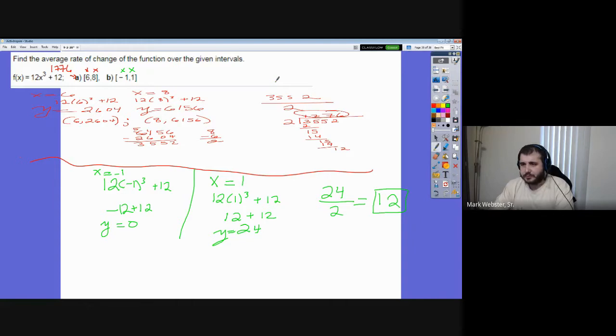And I want to reiterate, average rate of change. If they say the words average rate of change, that is slope. Slope, and usually it's between 2 points like this.